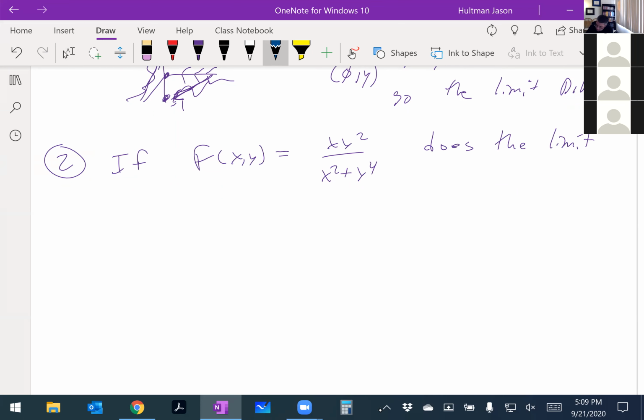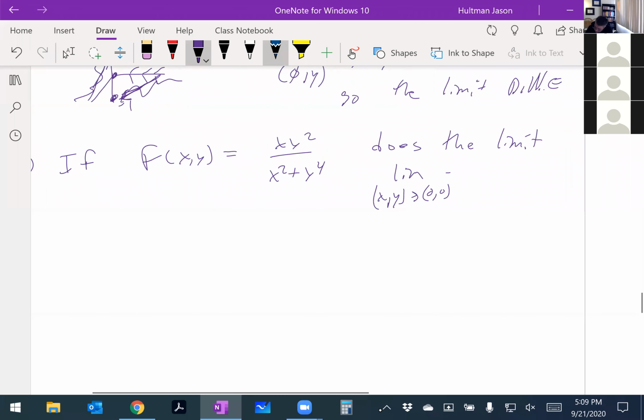Does the limit as (x,y) approaches 0,0, let's do 0,0 again, of xy squared over x squared plus y to the fourth exist? Do all roads lead to the same spot? This is what I'm asking.